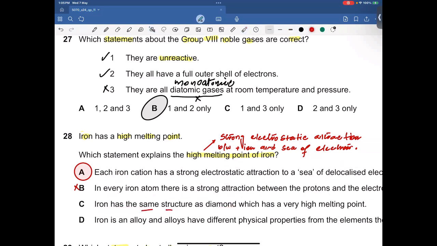Not at all, because diamond has covalent bonding and iron has metallic bonding. So iron has metallic bonds whereas diamond has covalent bonds. So statement C is incorrect. Next, iron is an alloy. Iron is not an alloy. In fact, iron is used to make an alloy. So the right answer is A for question number 28.